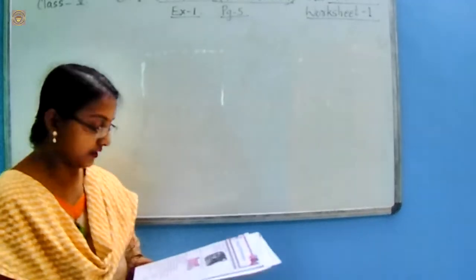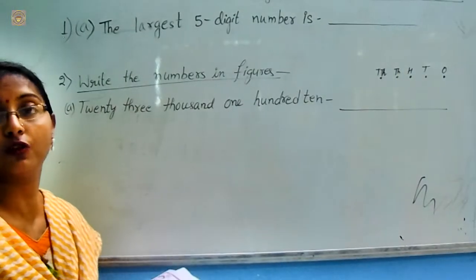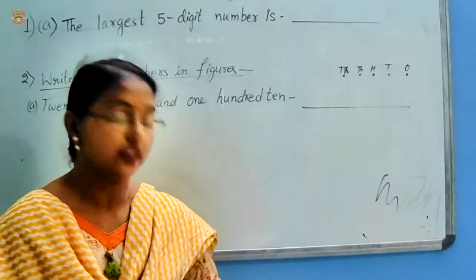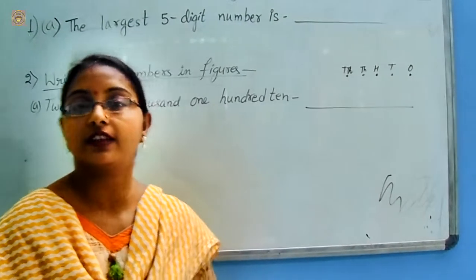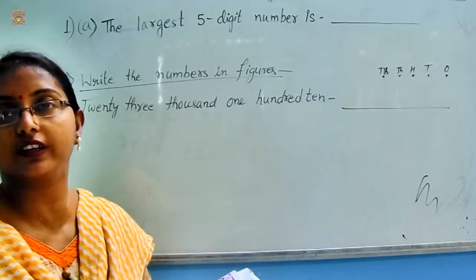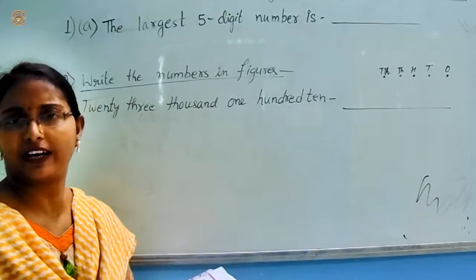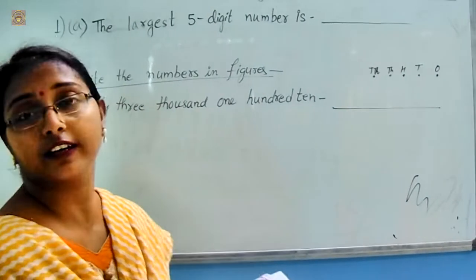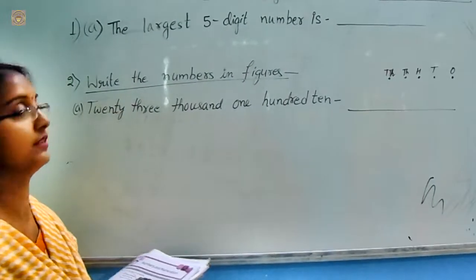Look at your book. As you know in your earlier classes, you have read the largest and smallest numbers having 5, 4, 3 digits and so on. It is the prior one, but I hope you will continue in this manner.